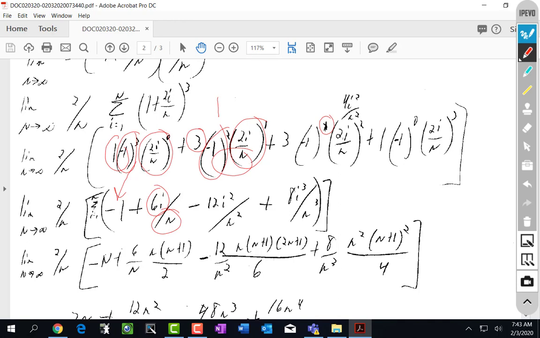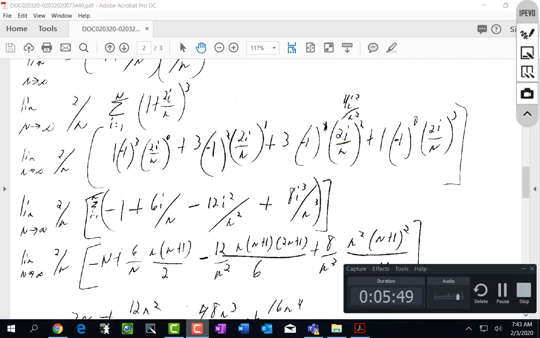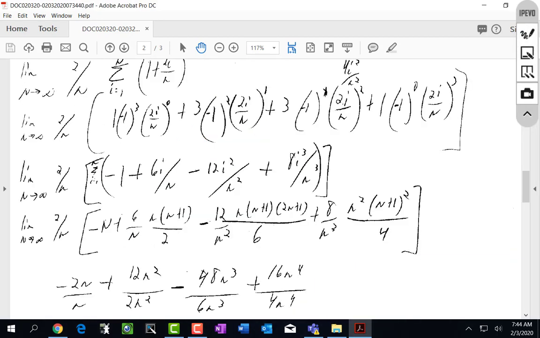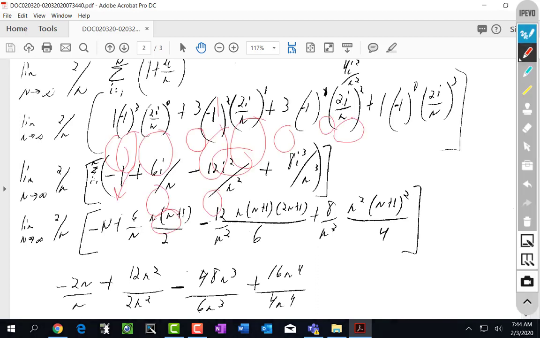So when I multiply that out, I get the 2i squared is going to be 4, and 4 times 3 is going to be 12. Okay, and so that's going to give me that negative 12i all over n squared.